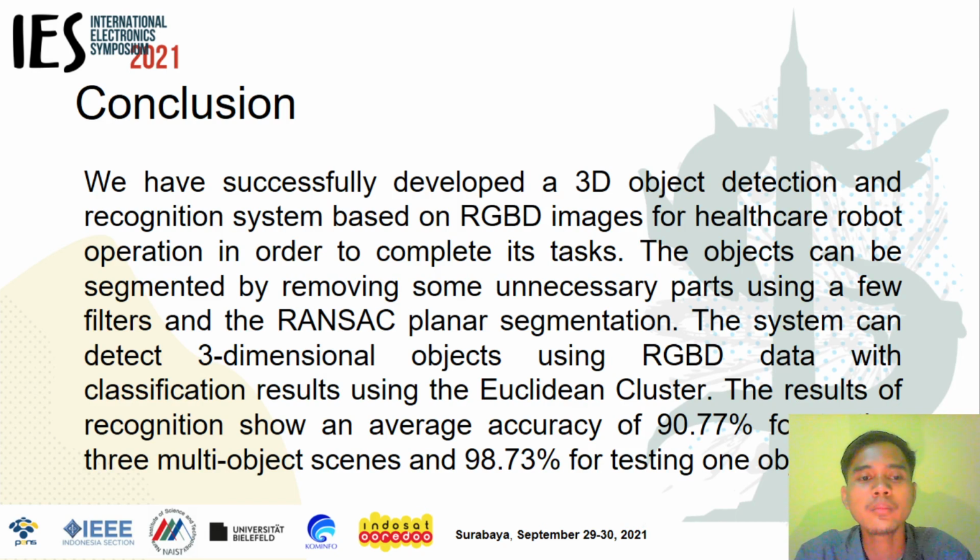The system can detect three-dimensional objects using RGBD data with the classification result using the Euclidean cluster, and the result for recognition shows an average accuracy of 90.77% for testing three multi-object scenes and 98.73% for testing single objects.